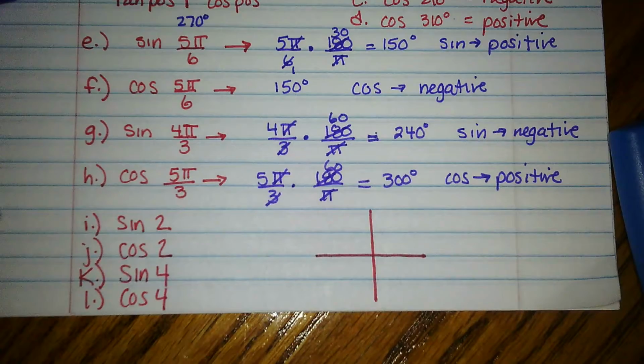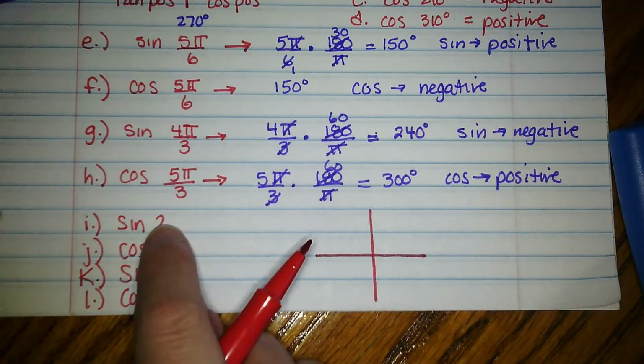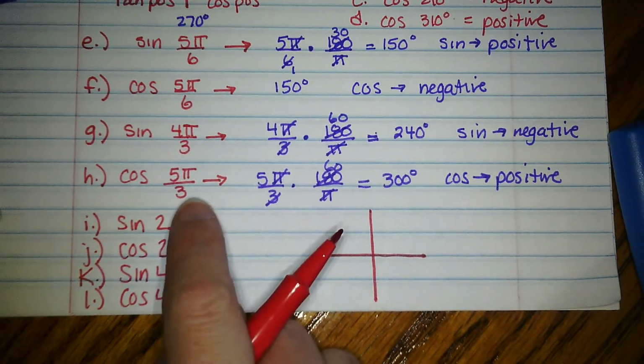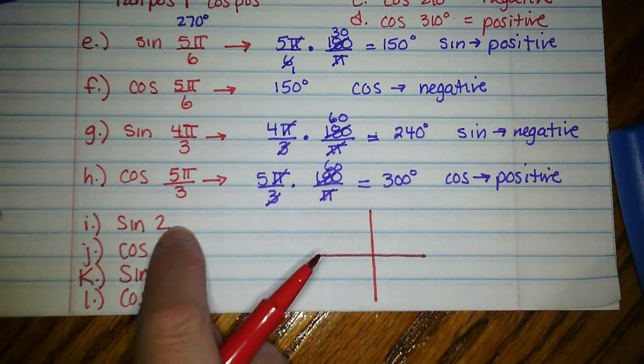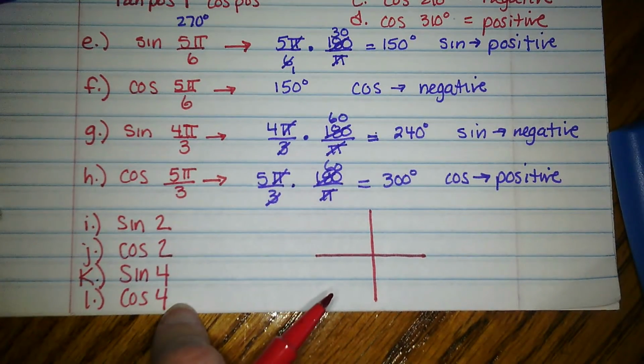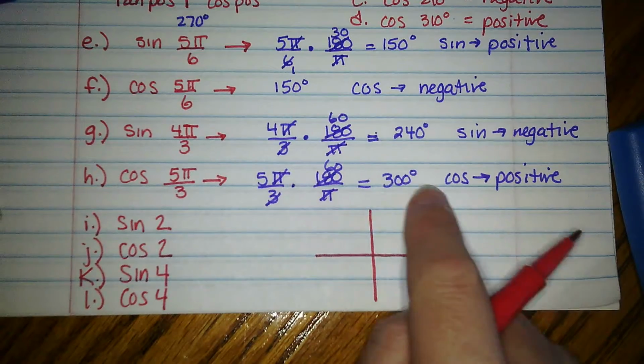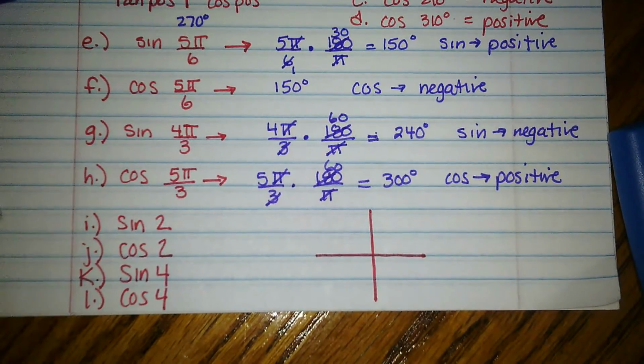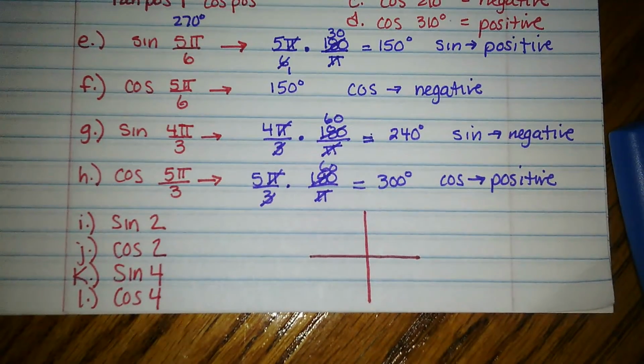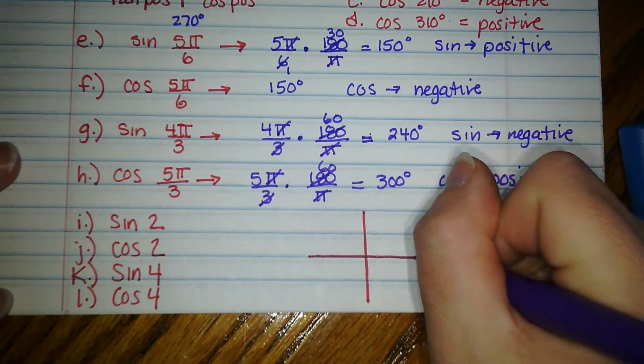Okay, the last 4 are in radians, and the way we know that these are in radians is because there's no degree symbol on them, and because they don't have pi's, they have a different kind of conversion. So what we would do is go back to our unit circle and go back to our quadrantals and write them in again, except we're going to write them in radian form. So remember, this is 0 radians.